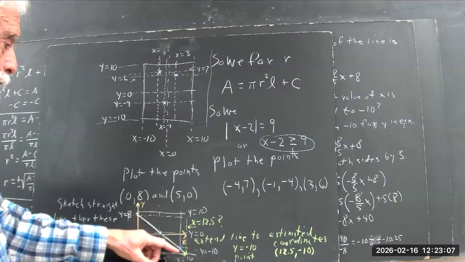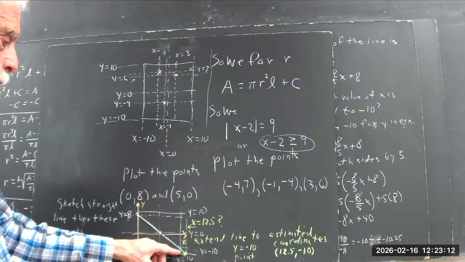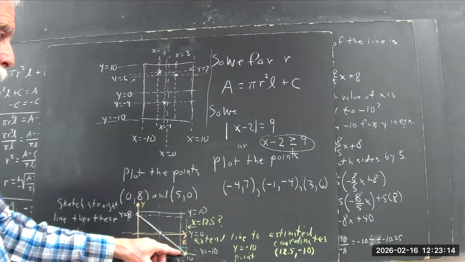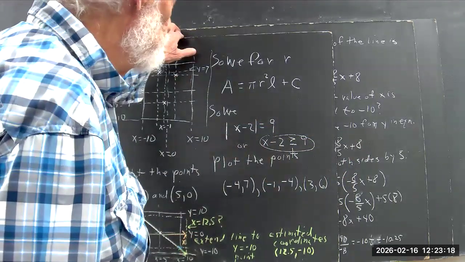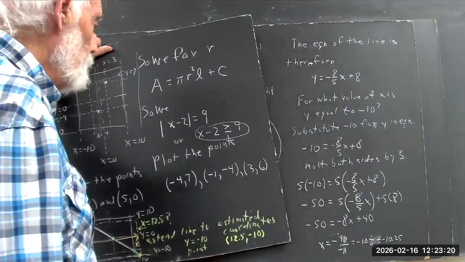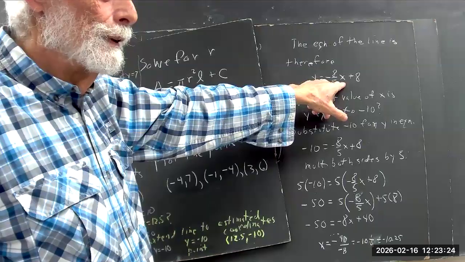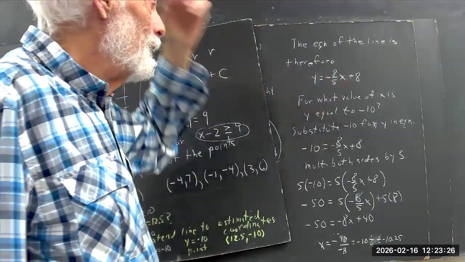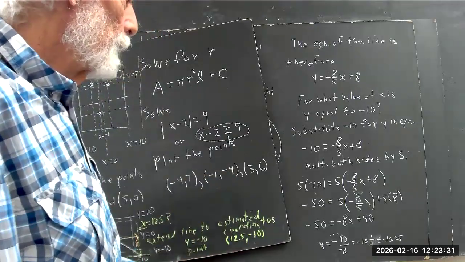And the line should have hit the x equals 10 point at a different value of y that we could easily find by letting x equal 10. And we would then find that y would equal negative 8.